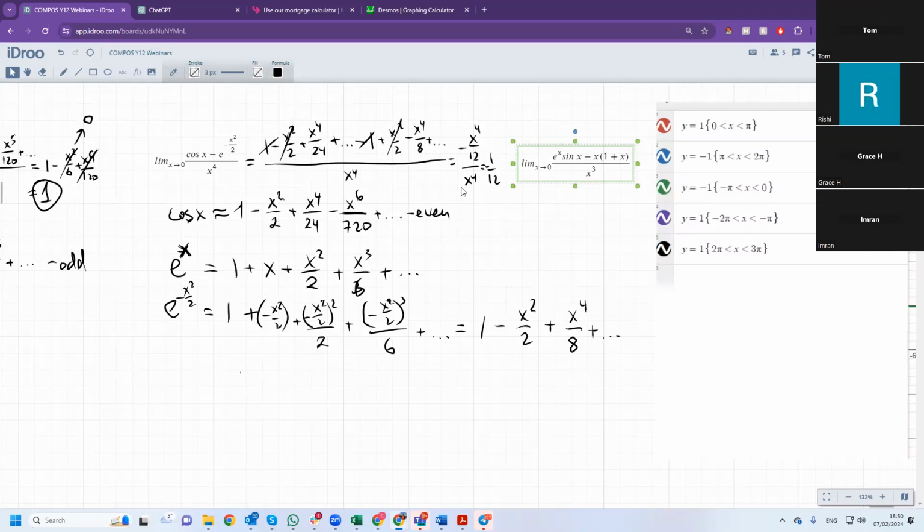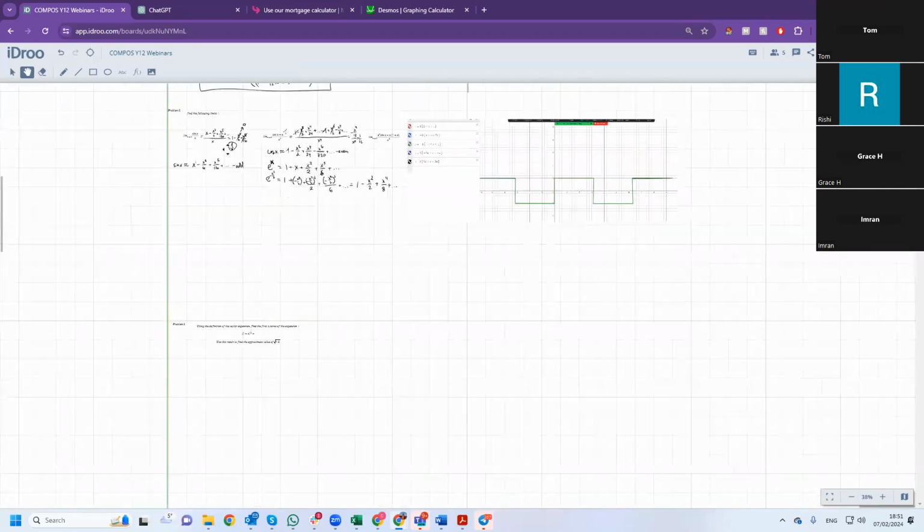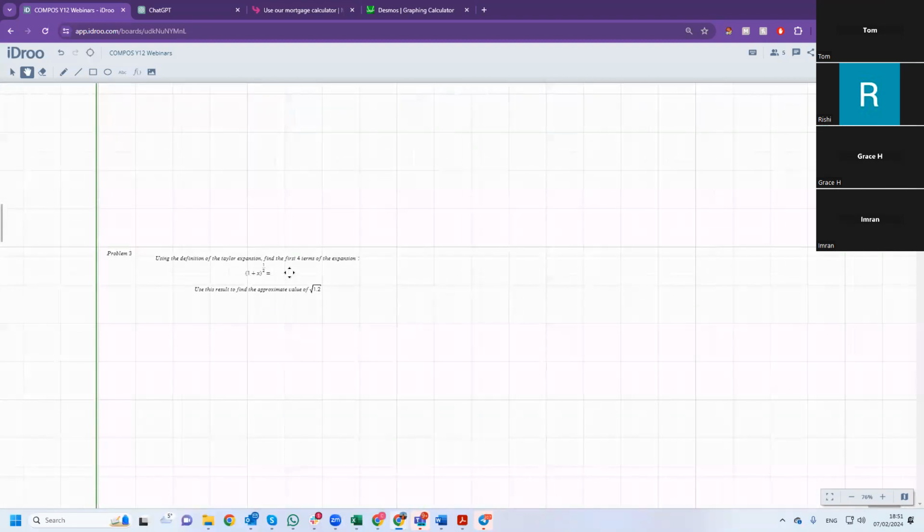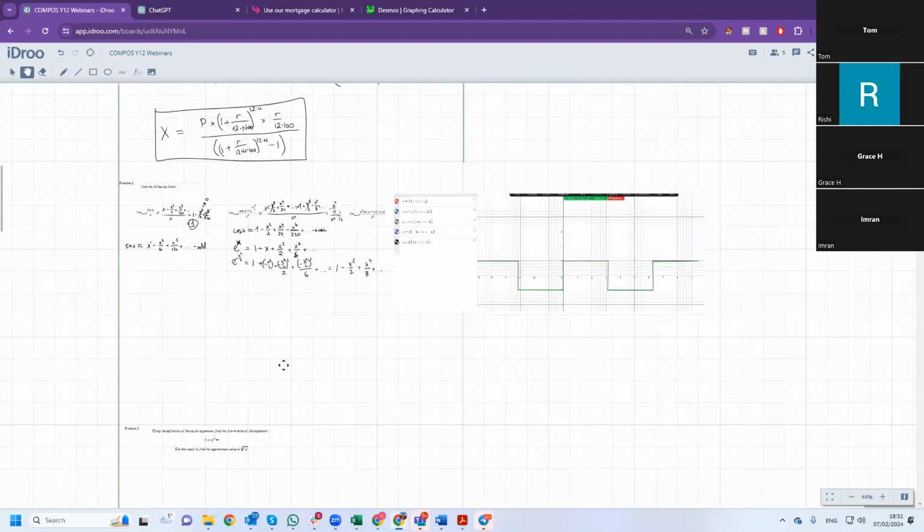Yeah, I don't think I can prove it right away, but it does seem like a valid conjecture. Yeah, but 0 is an even function. Okay.